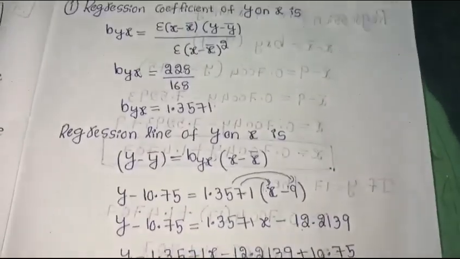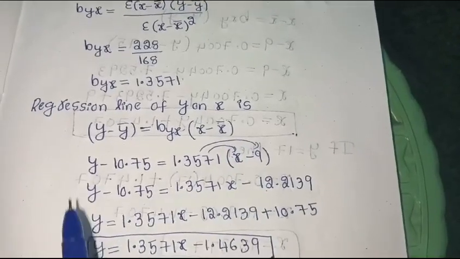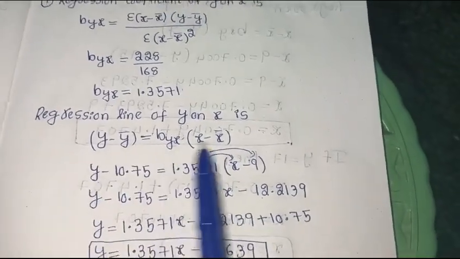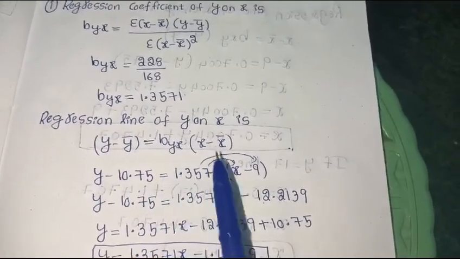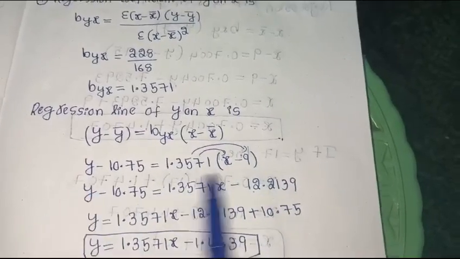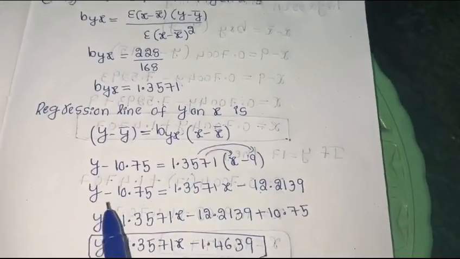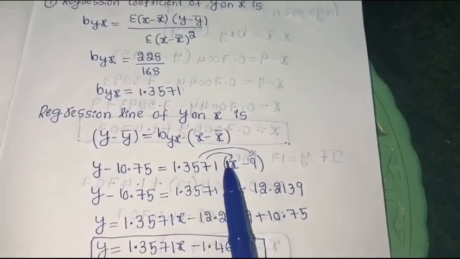Next we calculate the regression line of y on x. The formula is y minus y bar is equal to byx into x minus x bar. Here we need to substitute y bar, byx, and x bar. The value of y bar is 10.75. The value of byx is 1.3571. X bar is 9. So we substitute here. Next, we need to multiply 1.3571 with x and 9.